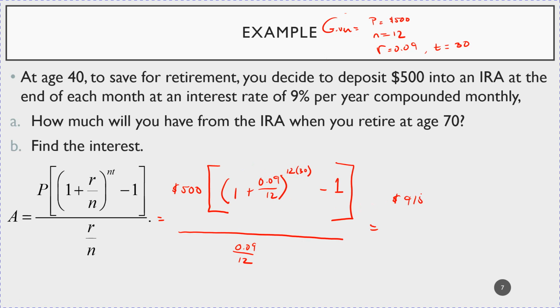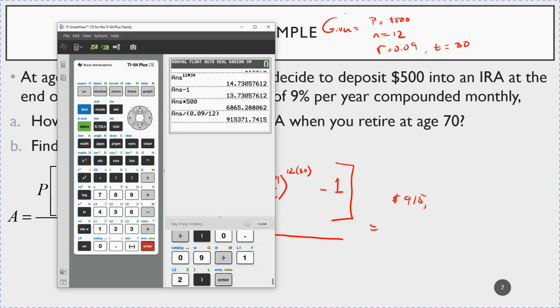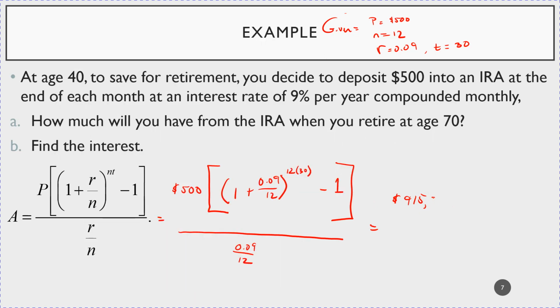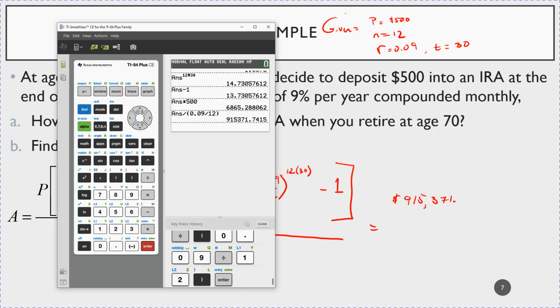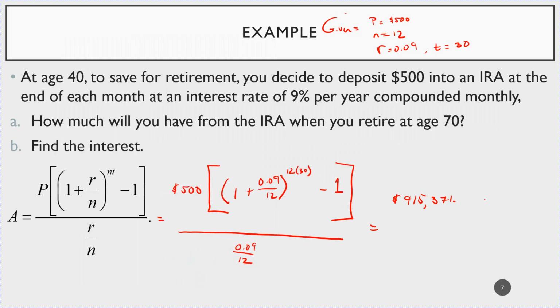So 915,371, and then 74 cents. So this person is well situated for retirement here.